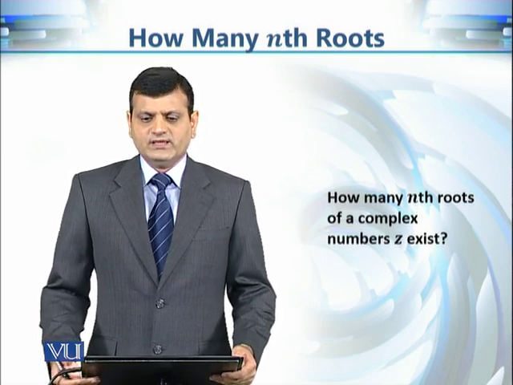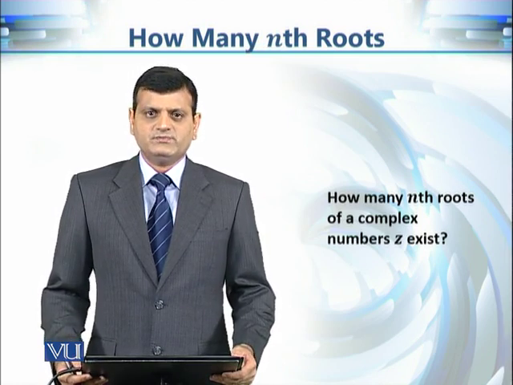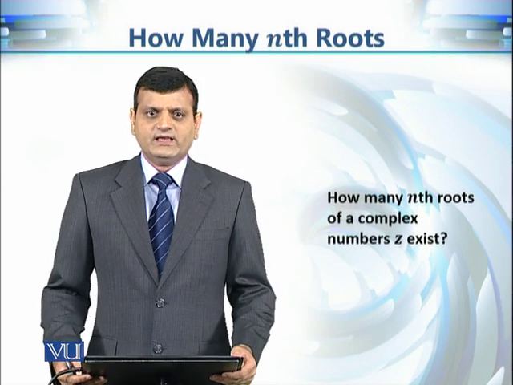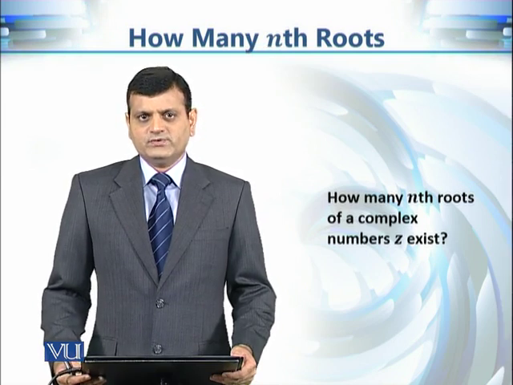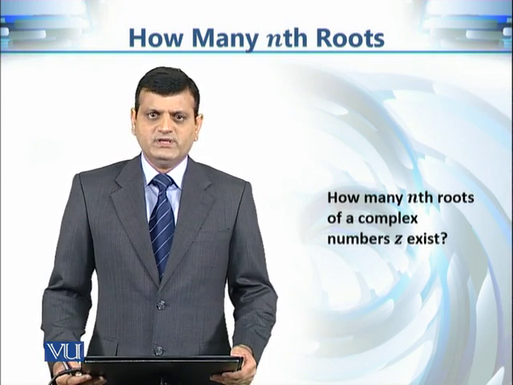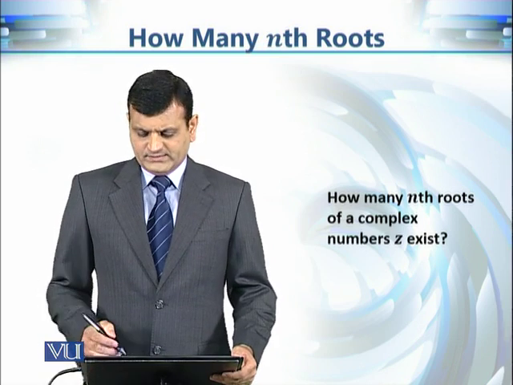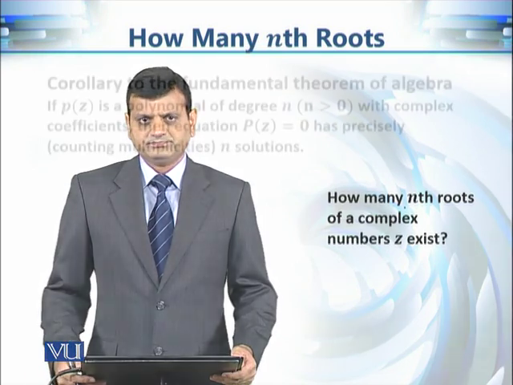So for example, in our previous simple example where we asked the question, can we find an x such that x square equals 4? There were two answers, 2 and minus 2. So the question would be, how many roots of this problem exist?